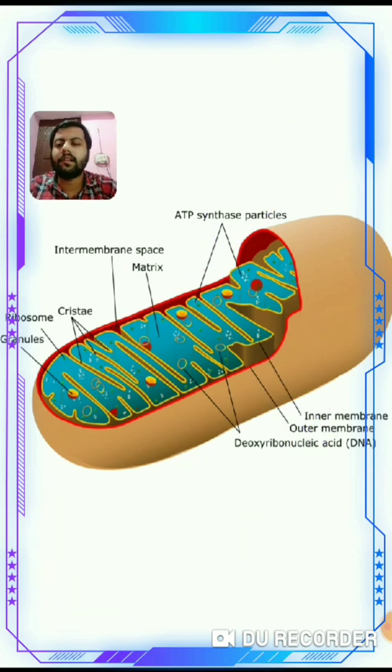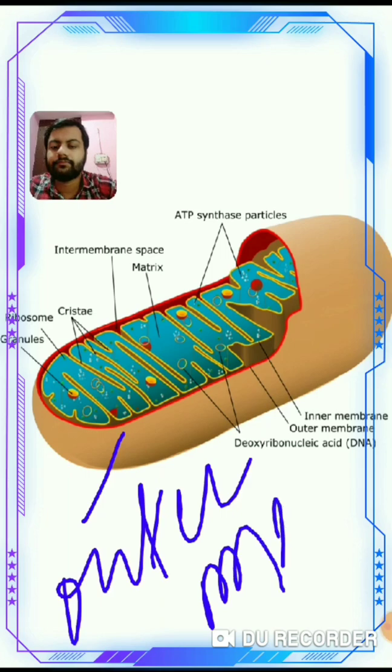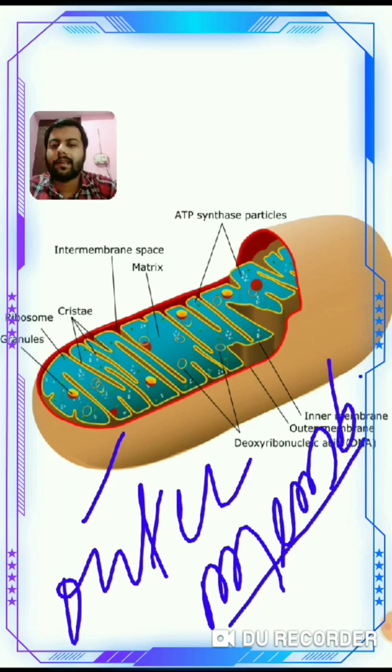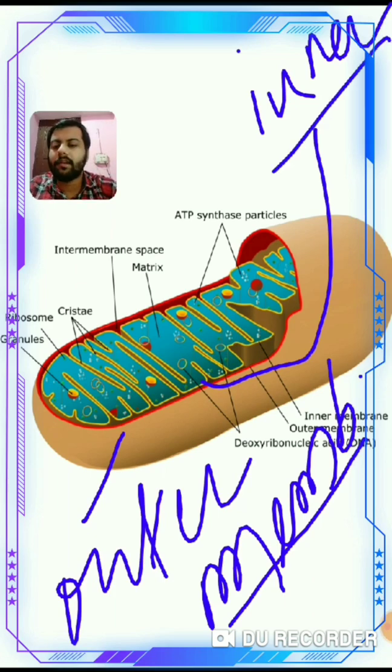By nature it is double membranous. As we see here, this red one is the outer membrane, and this blue one is the inner membrane, which has a huge number of infoldings.